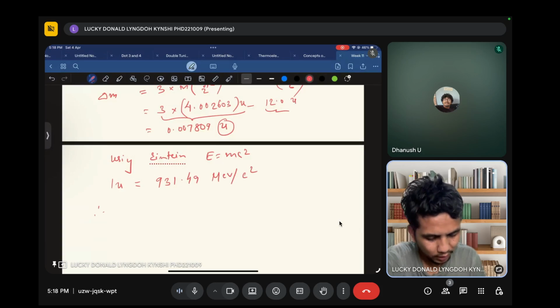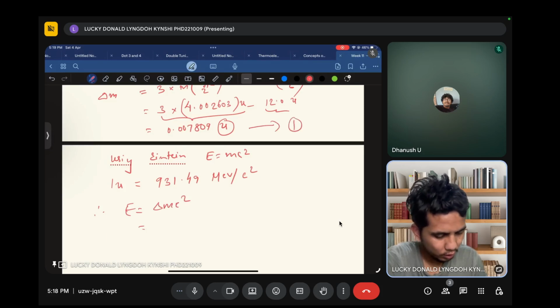So that means your energy E equals delta m c square, correct? From your equation 1, this is your equation 2.